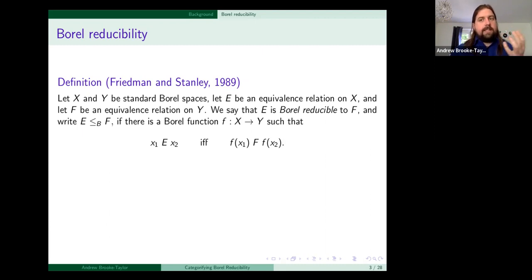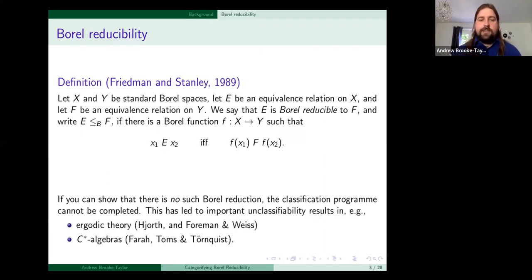Now, the point, as I was motivating with this classification blurb, was that if you can show that there's no such Borel reduction, then that tells you that if you had some grand classification program involving these objects and these invariants, but you've proven there's no such Borel map, that proves that the classification program cannot be fully executed, cannot be completed.